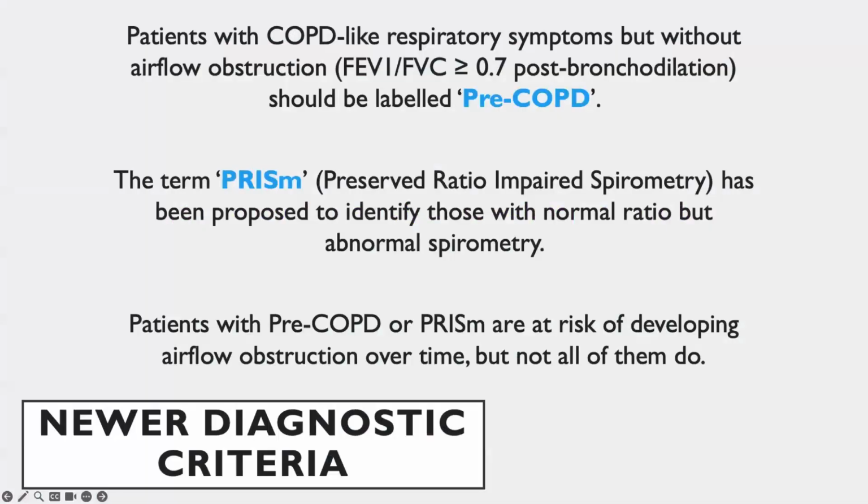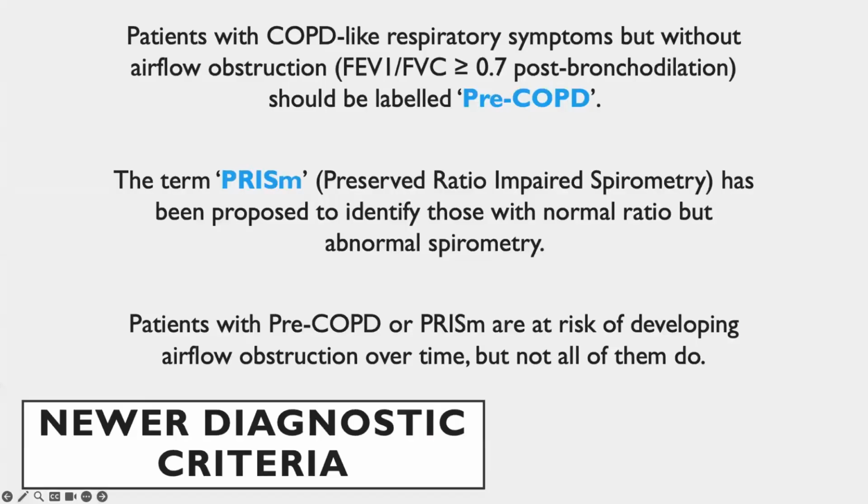There's this relatively new way of viewing the COPD condition in that, as shown here, you have patients with COPD-like respiratory symptoms that do not necessarily have airflow obstruction that qualifies as COPD. And we're labeling these patients pre-COPD. Now, there's a newer term in the last few years.